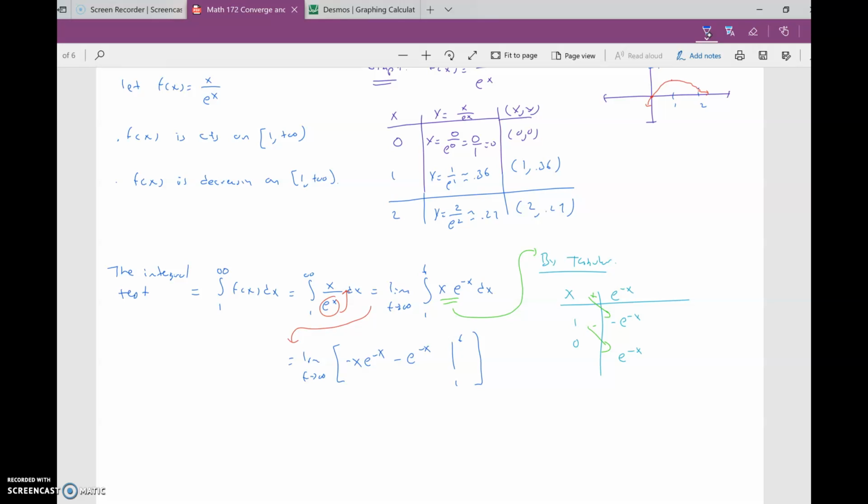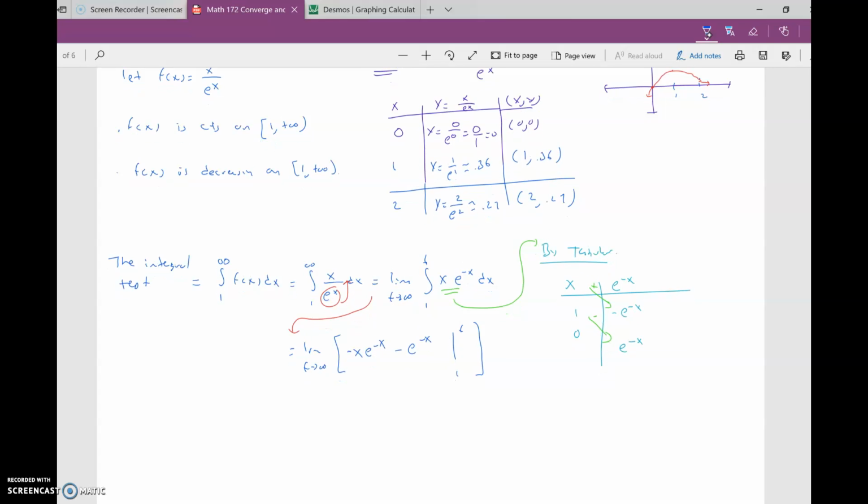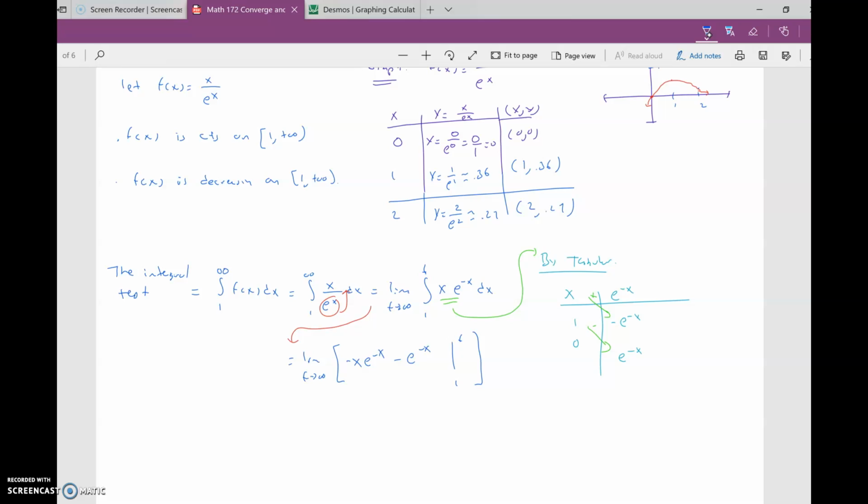And let me see if it'll be easier for us to factor. No, let me leave it there. Okay, so let me actually evaluate the limits.